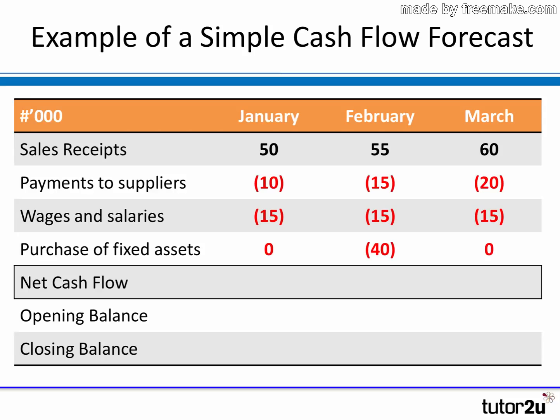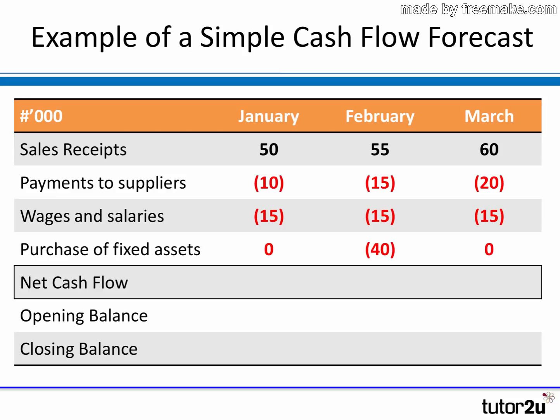And then we've got 3 lines which show some cash outflows. Payments to suppliers of 10, 15 and 20 respectively. Payment of the wages and salaries, which looks like it's 15,000 each month in Jan, Feb and March. And then there's one item on purchase of fixed assets. So nothing in January or March, but there's a 40,000 outflow of payment in February.